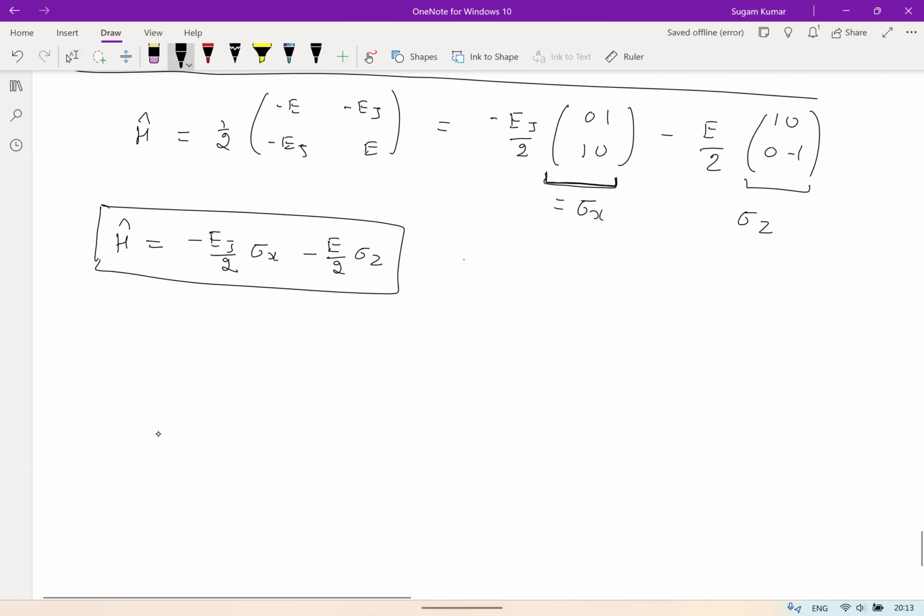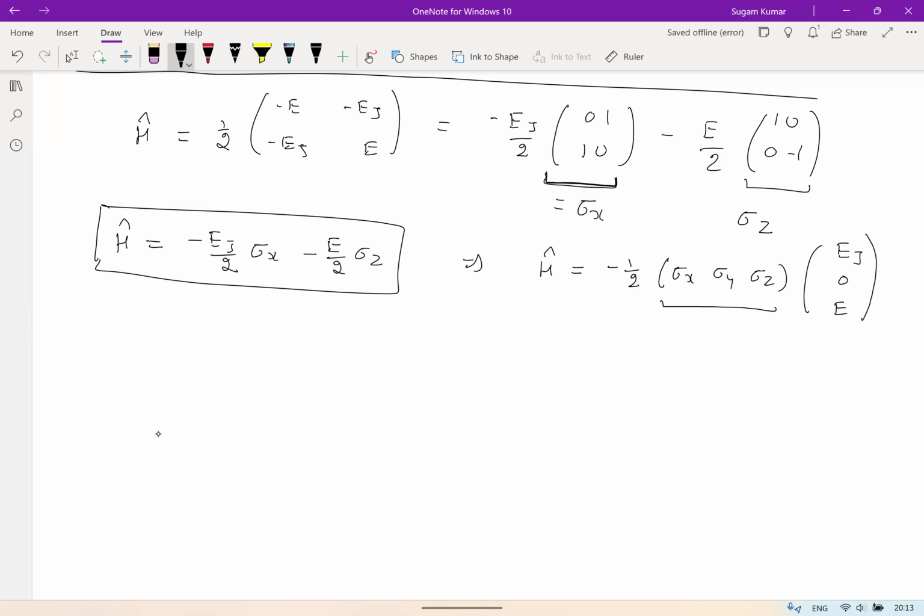Or I can write in this format also, H cap equal to minus 1 by 2 times a row matrix of sigma X, sigma Y and sigma Z, and one column that is EJ, 0 and E. And what is this?